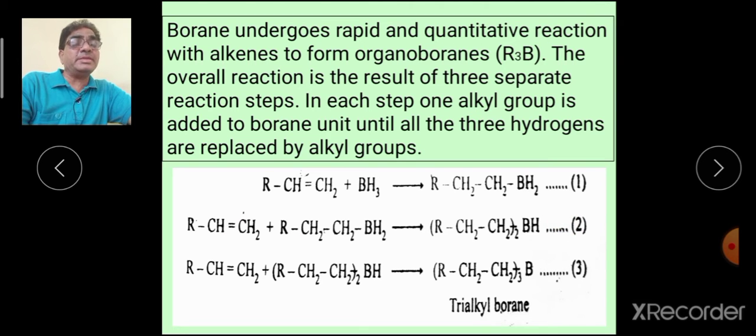This is RCH2CH2, number 1. In the second case, it is number 2, and in the third case, it is 3. And thus these hydrogens are replaced one by one, and thus trialkyl borane is obtained.